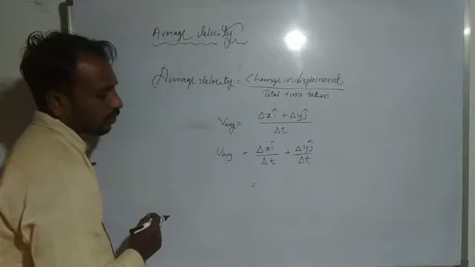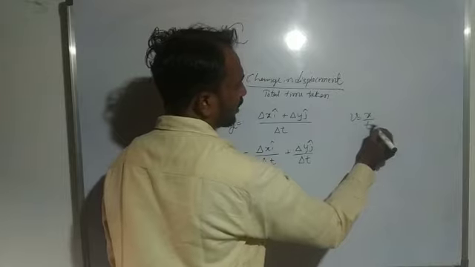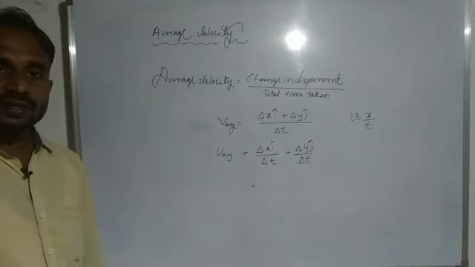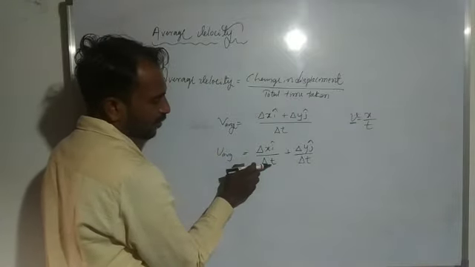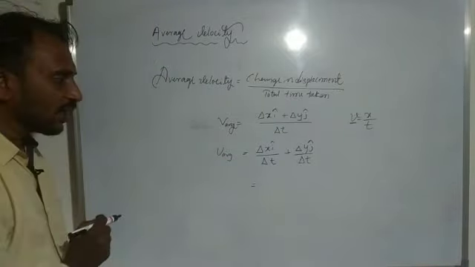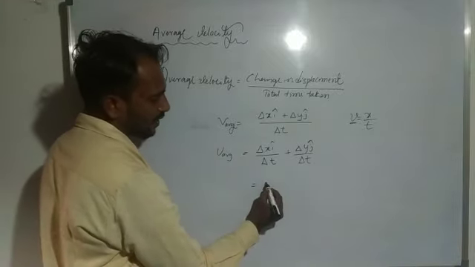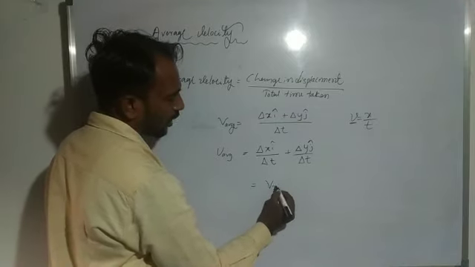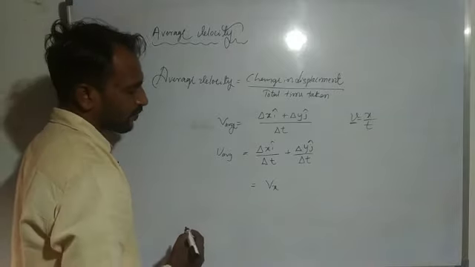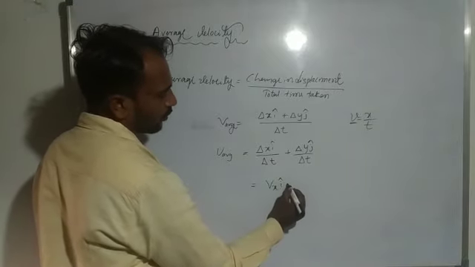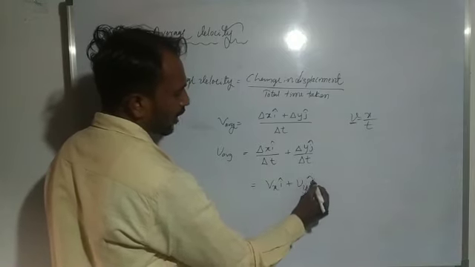You already know that velocity is equal to displacement by time. Here x is the displacement, t is the time and v is the velocity. So displacement divided by time means velocity along the x-axis, which we consider as Vx i cap, plus velocity along the y-axis, Vy j cap.